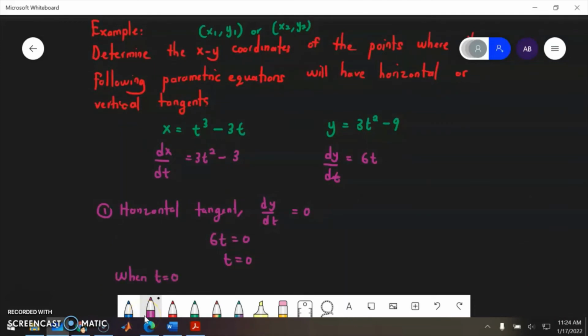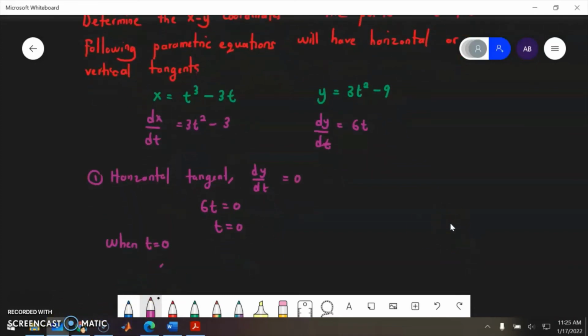When t is 0, we can see that x equals 0 cubed minus 3 times 0, which is 0, and y equals 3 times 0 squared minus 9, which is minus 9.